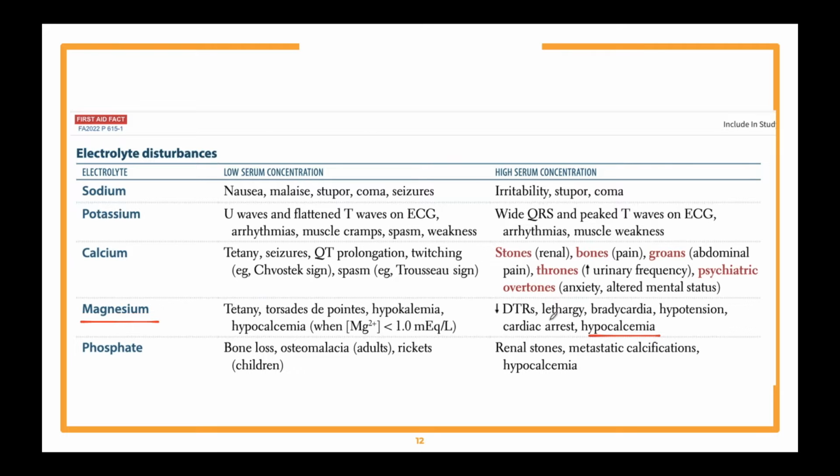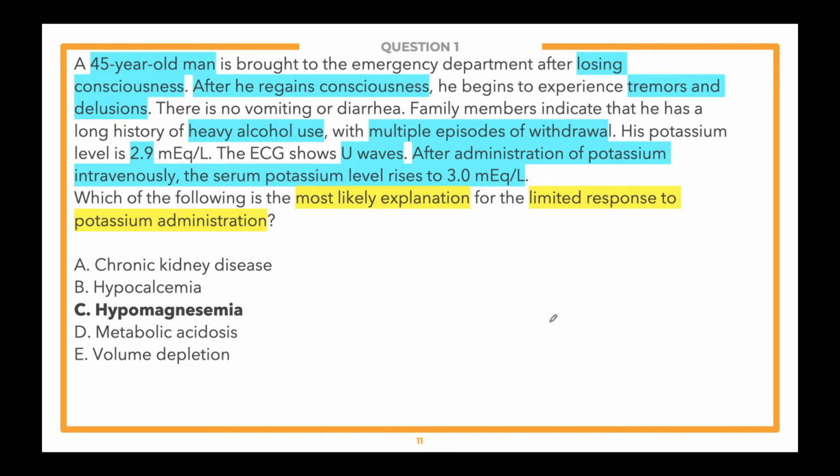Okay. So if we go back to our question, we take a look at the other answer choices. Volume depletion. There's really nothing in this question that's suggesting volume depletion, like diarrhea, vomiting, things like that. And that also wouldn't necessarily cause the issue of not responding to potassium supplementation.